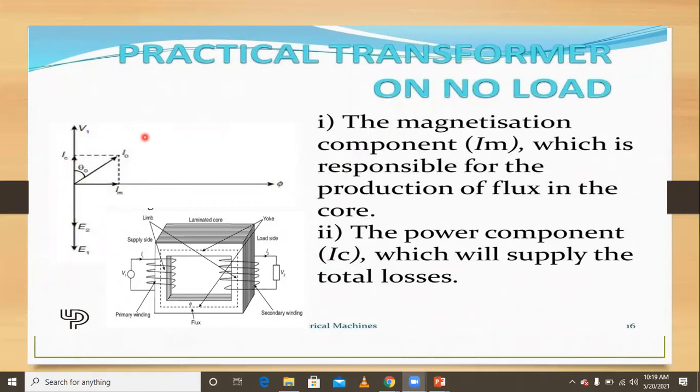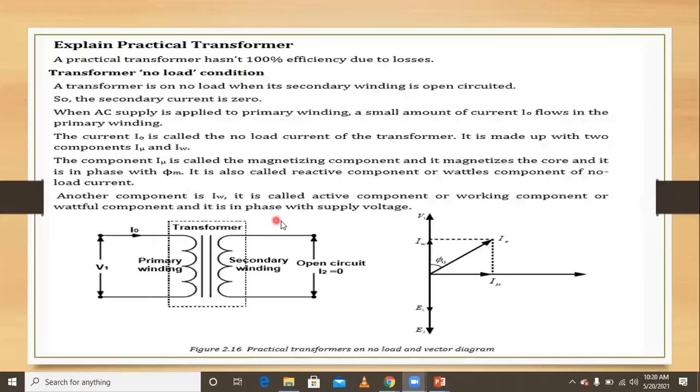Under no load condition, this is called the secondary winding and this is called the primary winding. The primary winding is connected to the supply and the secondary winding is connected to the load.